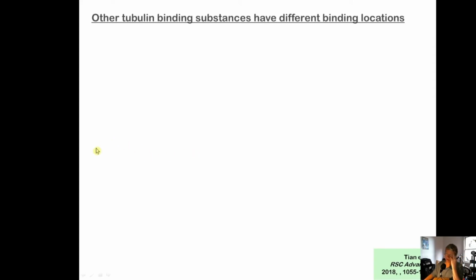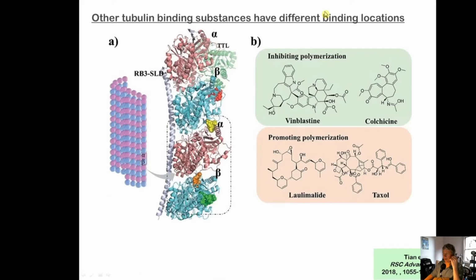Okay, so these other molecules we talked about, Taxol and vinblastine, all bind to different locations on beta tubulin and alpha tubulin molecules. This shows a couple of the different binding sites, and they all bind differently, and there are additionally molecules that inhibit polymerization and promote polymerization.